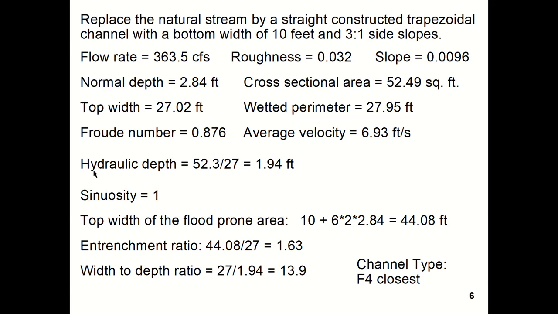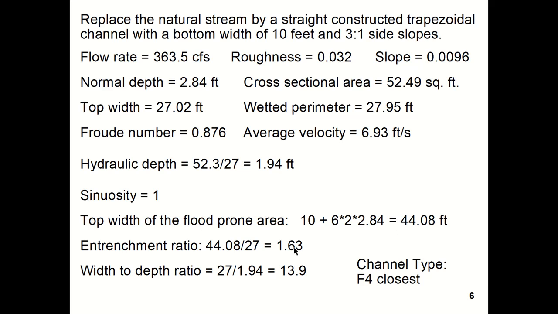The hydraulic depth, which would be the mean depth, is the cross-sectional area divided by the top width. So that gives a hydraulic depth of 1.94 feet. Now we have a sinuosity of 1. For the top width of the flood-prone area, we would simply get the top width in the channel.